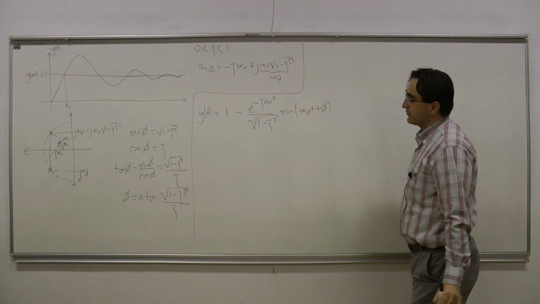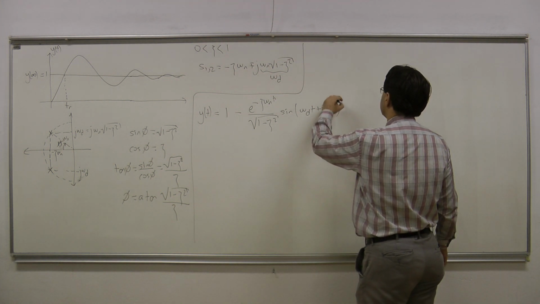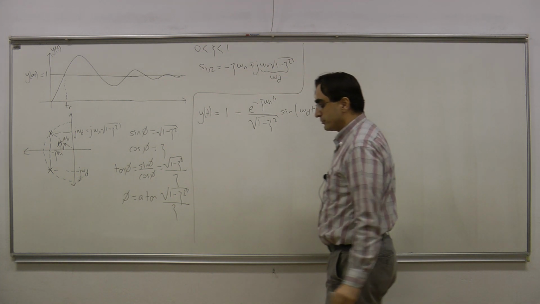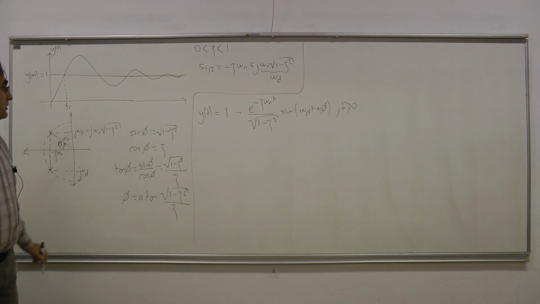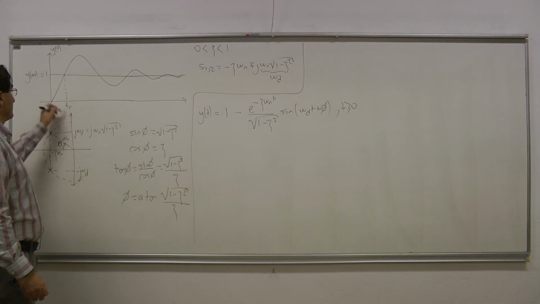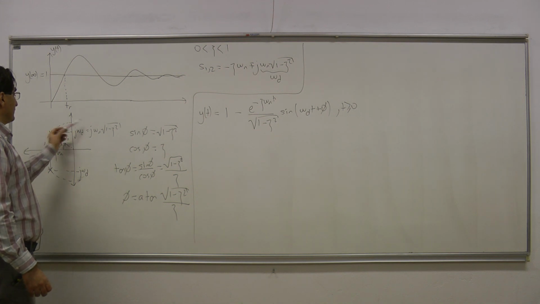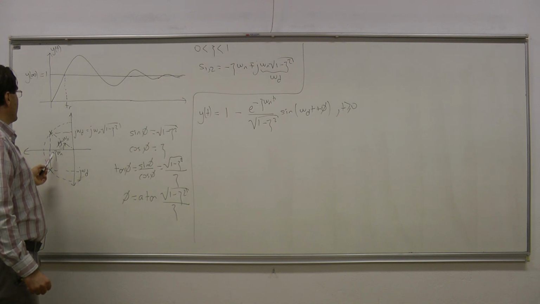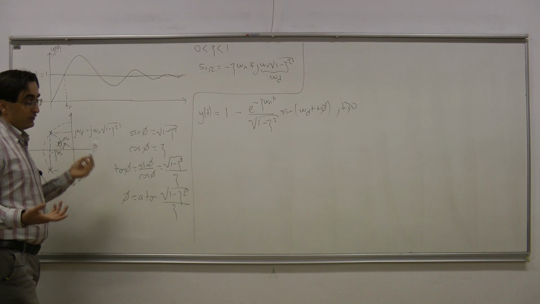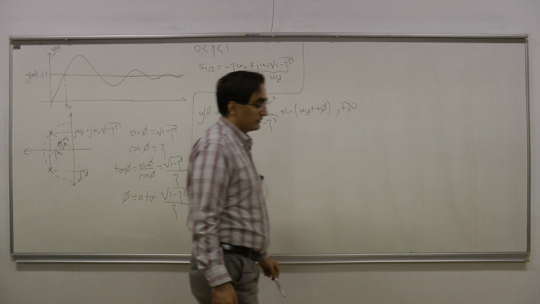This is true for t larger than or equal to 0. We are going to use this expression to find a relationship between tr, the time domain quantity, and omega n and psi, and the pole locations, which are Laplace domain quantities.